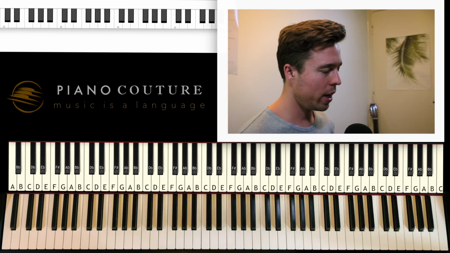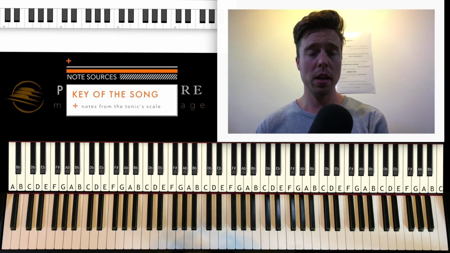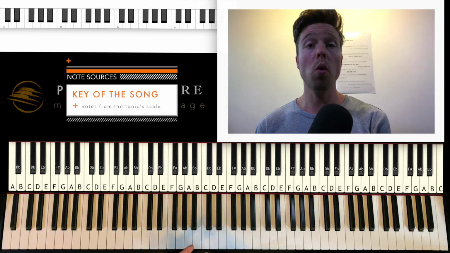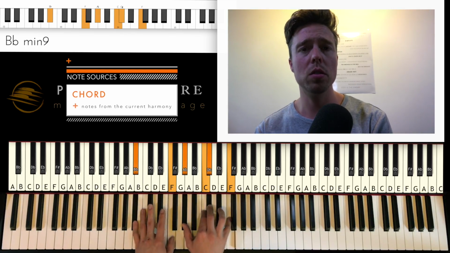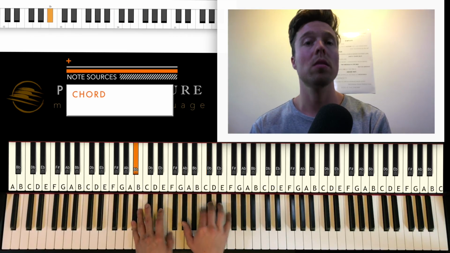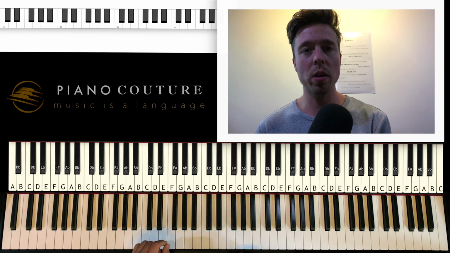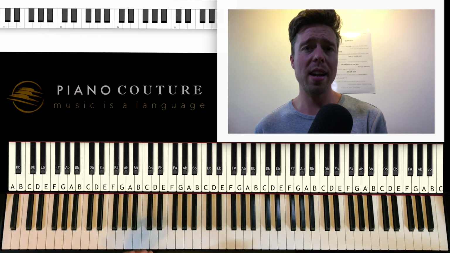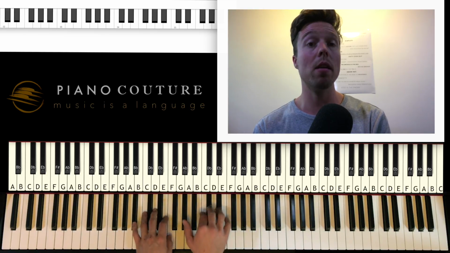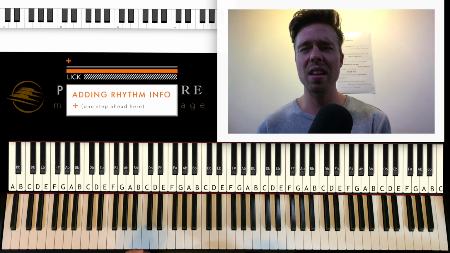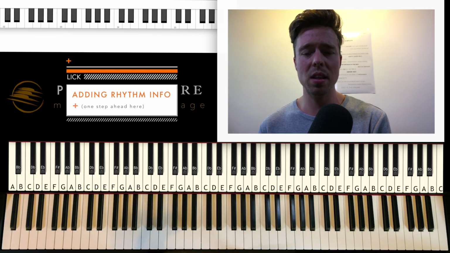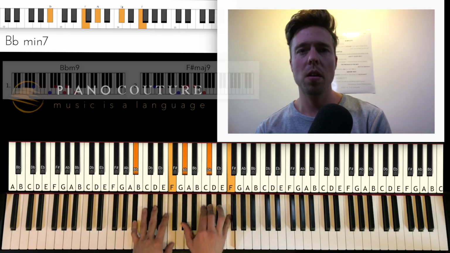Things that you can do is, for instance, look in the key of the song, look in the chord. So if I play this and I have this chord underneath my fingers, it's actually a lick as well, right? It's super closely related and actually the same thing as a broken pattern. I just break that thing up from bottom to top, but the rhythm here makes it this lick.